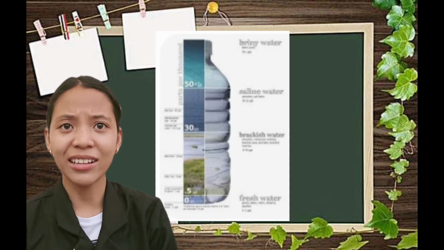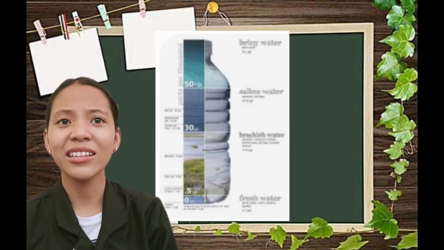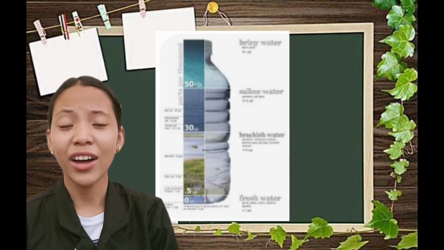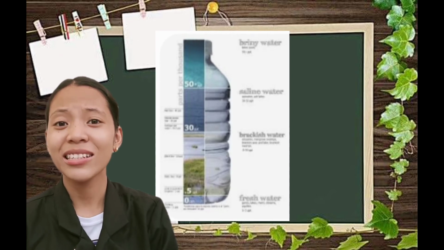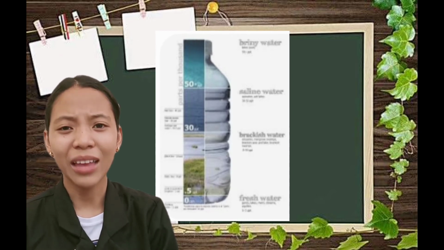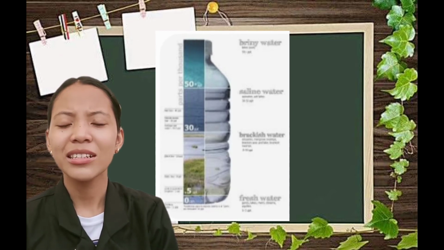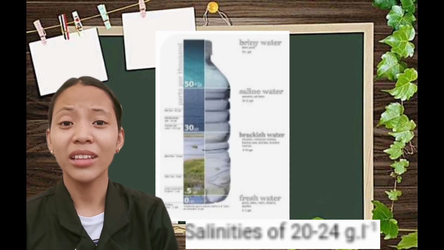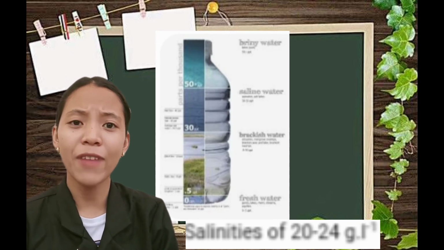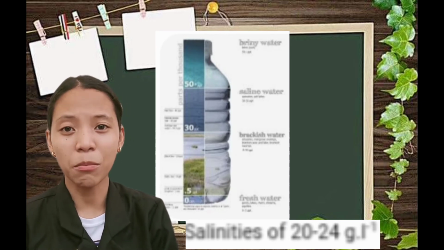Most species grow best at a salinity that is slightly lower than that of their native habitat, which is obtained by diluting seawater with tap water. Salinities of 20 to 24 g L^-1 have been found to be optimal.